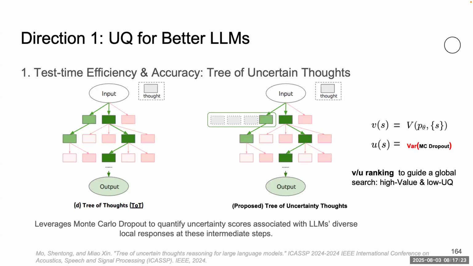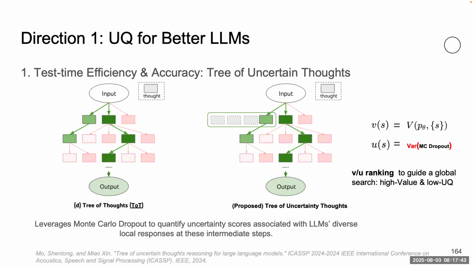To address this issue, they introduce uncertainty when they generate new nodes. They sample multiple candidates for each node, use Monte Carlo dropout, and compute the variance of their evaluation scores as a local uncertainty metric.